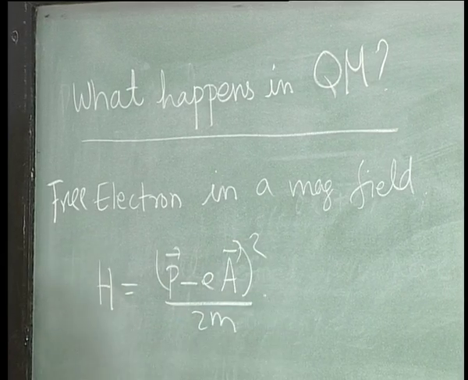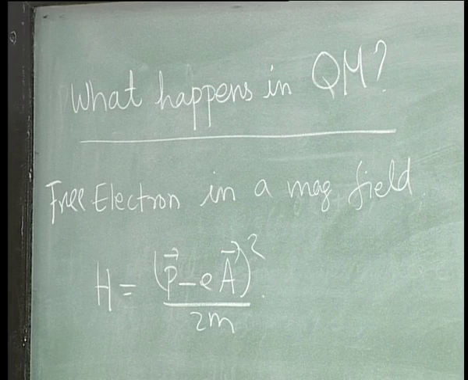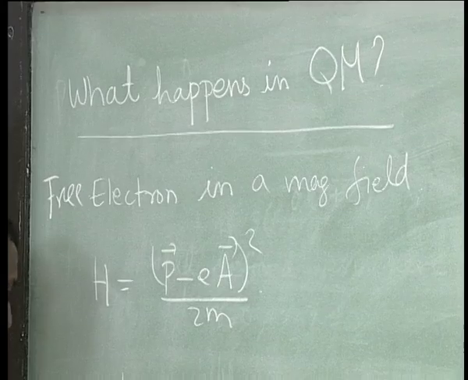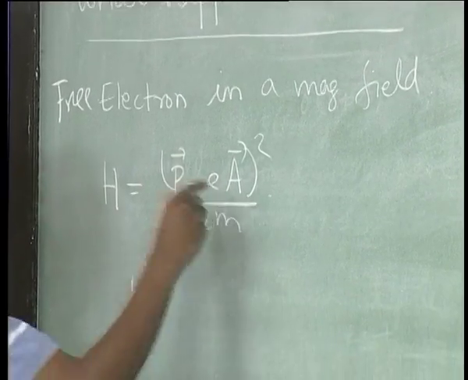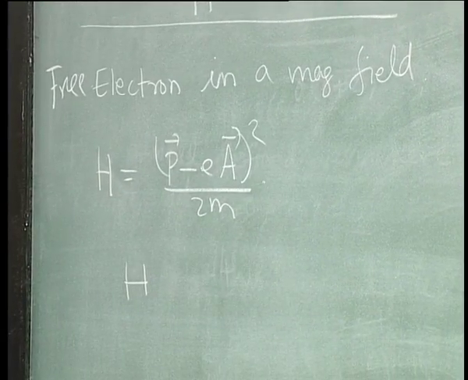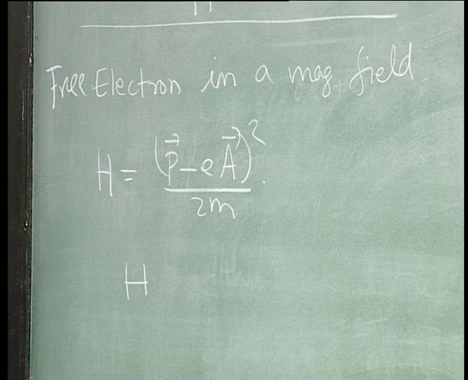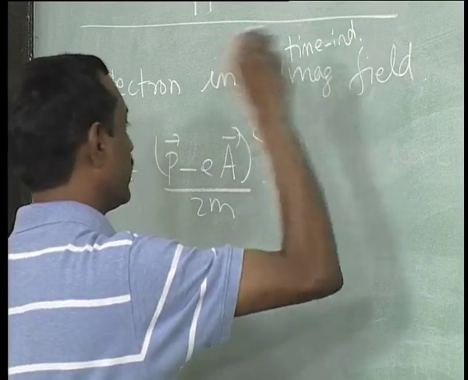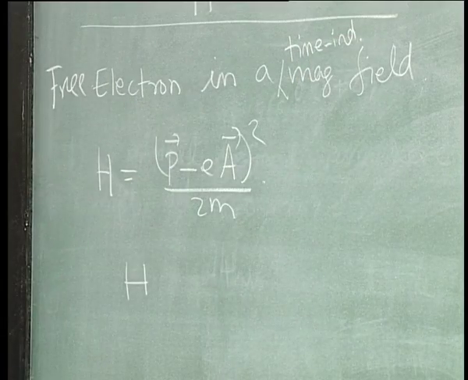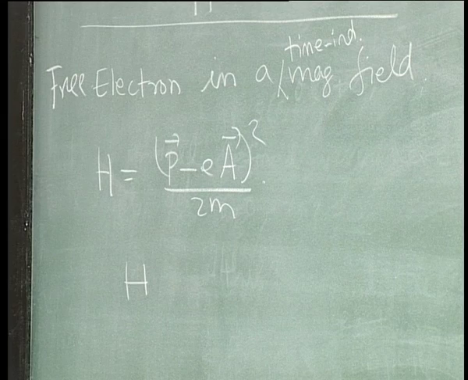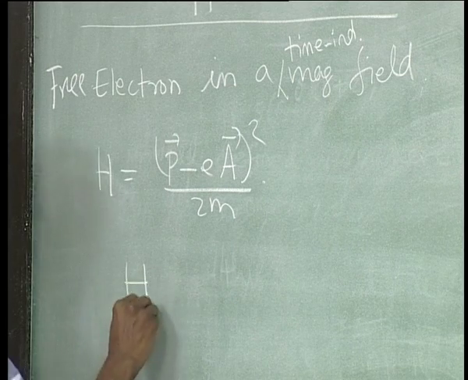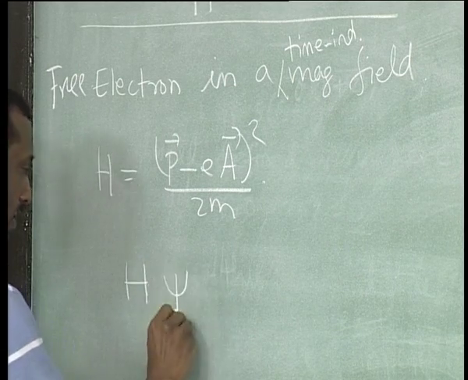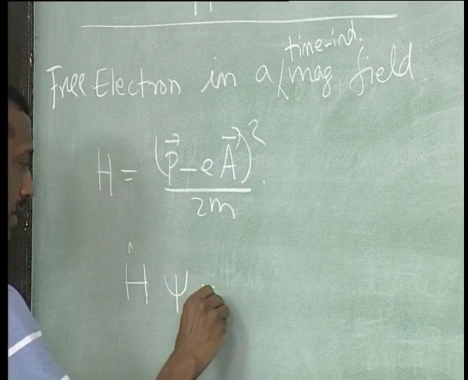This is the Hamiltonian. And the Schrodinger equation, and let us assume, just for simplicity, that we are talking about a time independent magnetic field. So this A also is time independent. We assume all these things. So we want to solve H psi equal to some E psi.